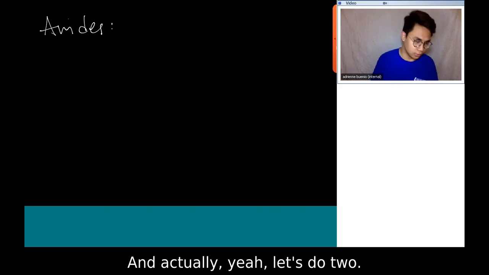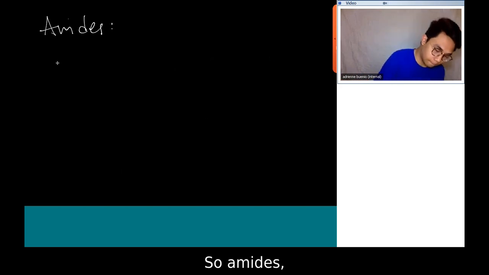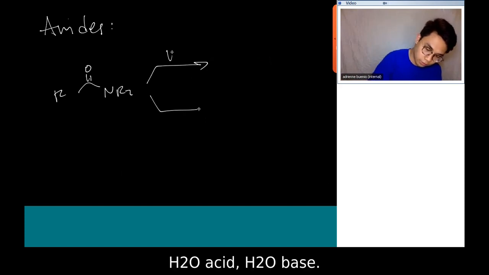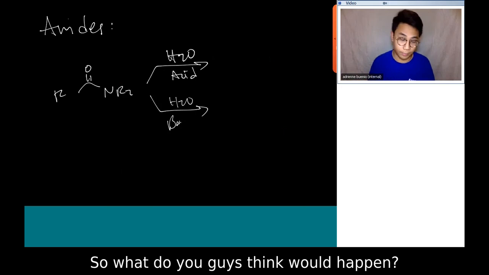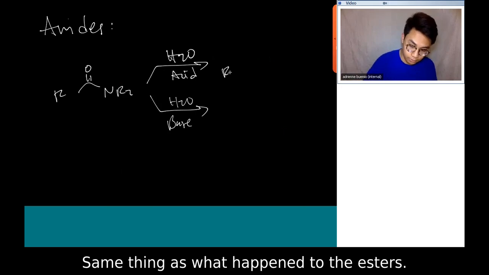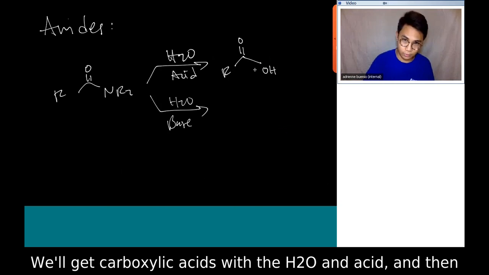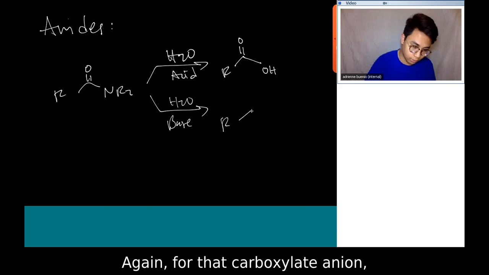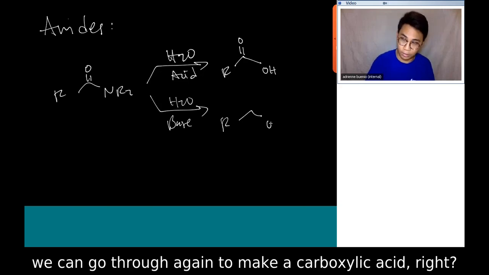Yeah, let's do two. So amides, H2O acid, H2O base. So what do you guys think will happen? Same thing as what happened to the esters. We'll get carboxylic acids with the H2O and acid, and then the carboxylate anion, right? Again, for that carboxylate anion, we can go through again to make the carboxylic acid.